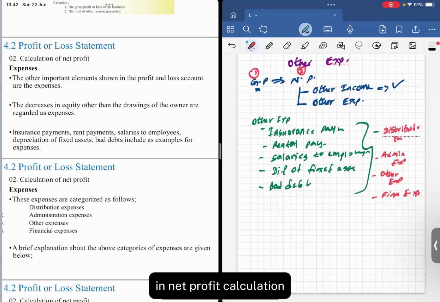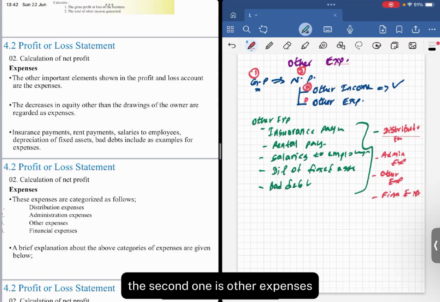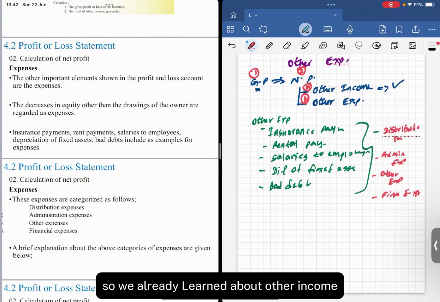So we first learn about gross profit, and then we are moving on to the net profit. In net profit calculation, we have 2 things to be learned. First one is other income. The second one is other expenses. The examples include insurance payments, rental payments, salaries of employees, depreciation of fixed asset, and bad debt.